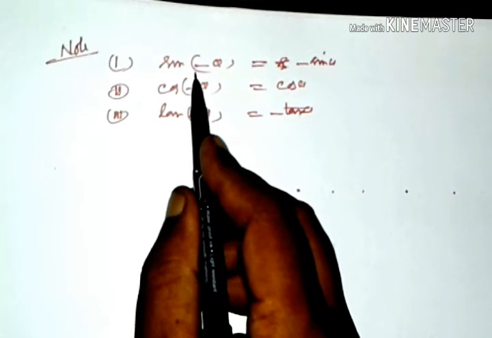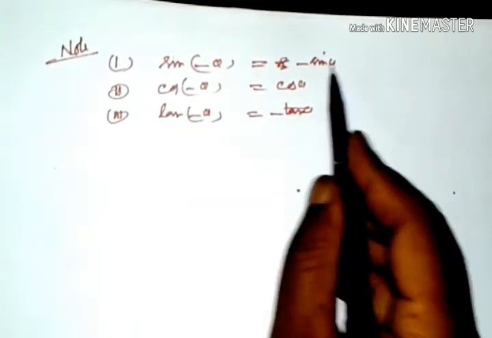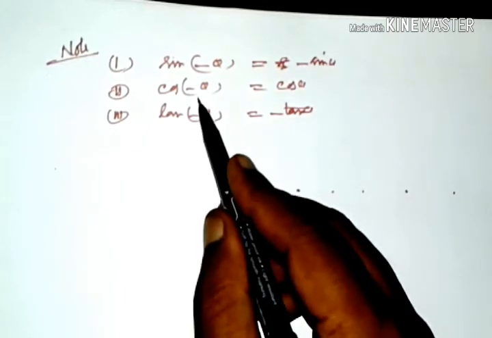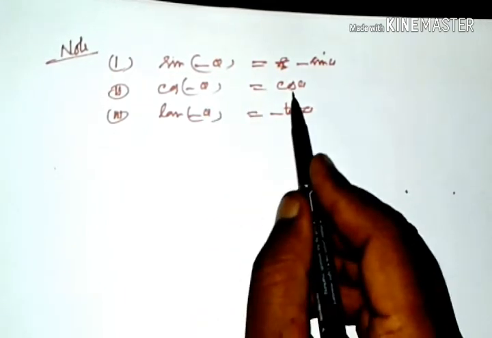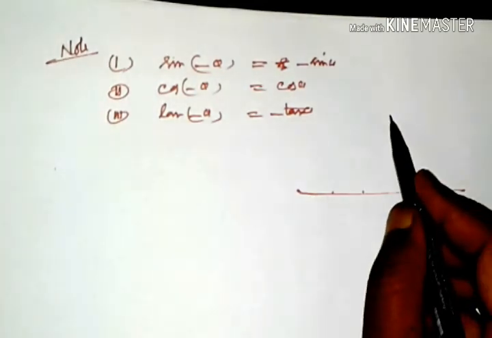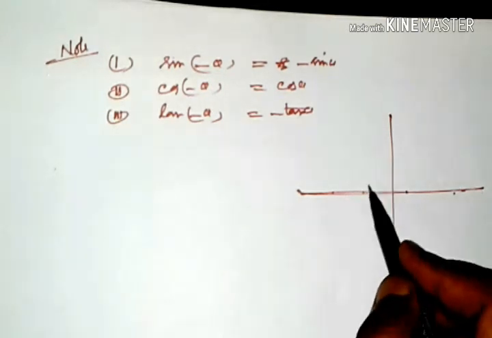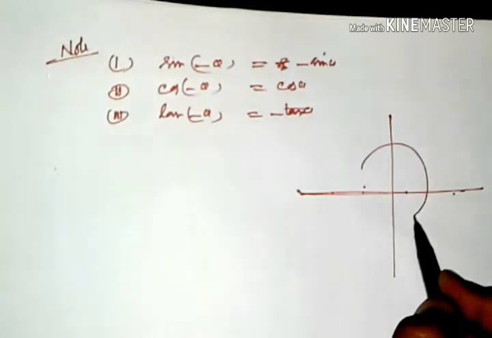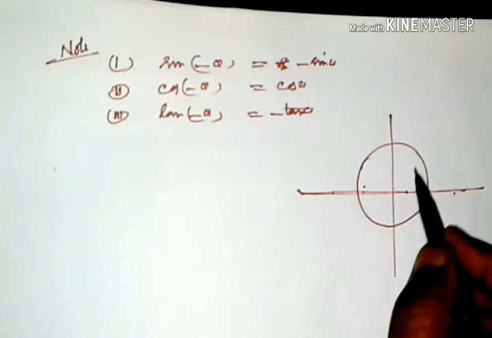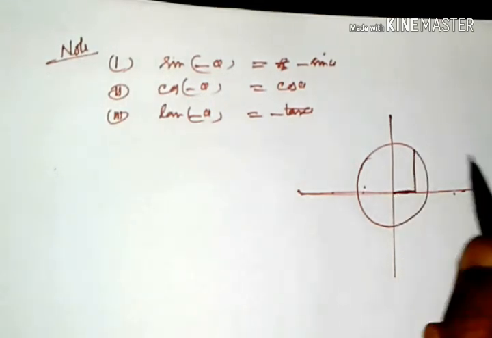Now we can prove it easily. Why sine minus theta is equal to minus sine theta, and why cos minus theta is equal to cos theta. For this we have to draw a circle. This is the circle. This is a point.